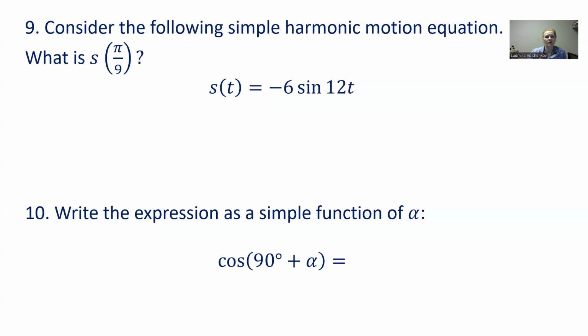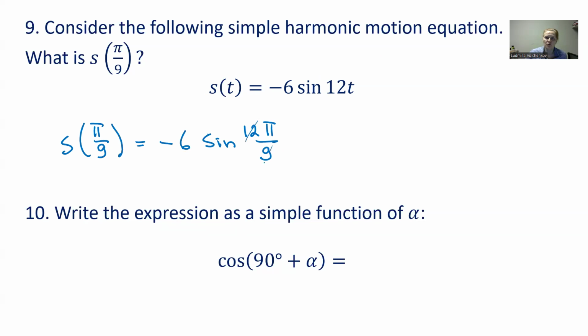Next one. Simple harmonic motion equation. We want to find s of pi over 9. So we just substitute pi over 9 into this equation. -6 times sine of 12 multiplied by pi over 9.